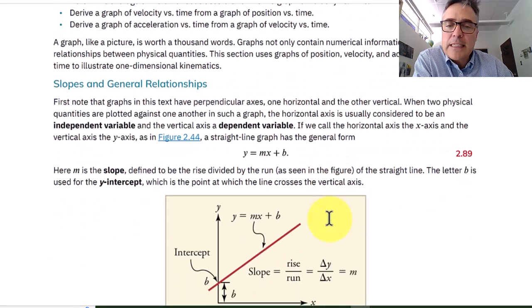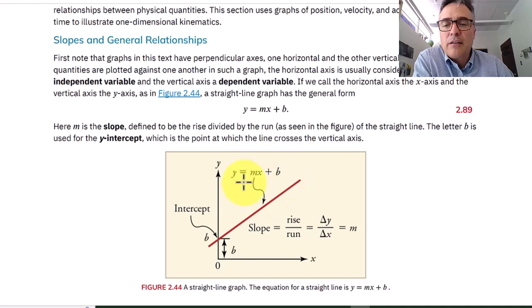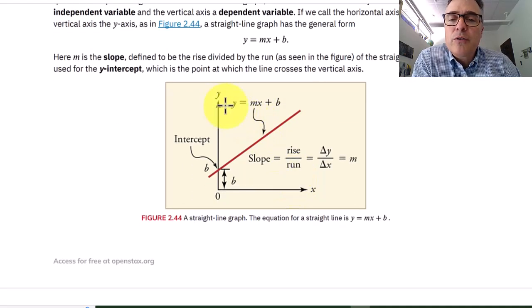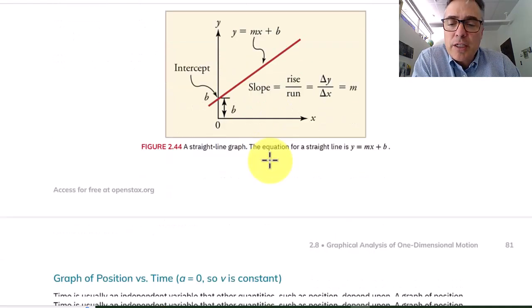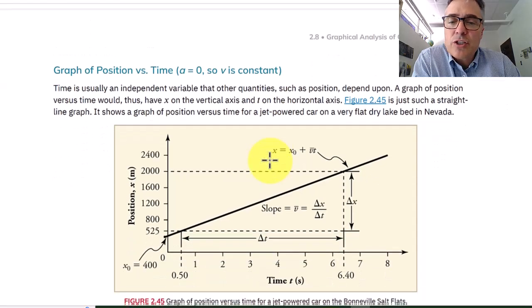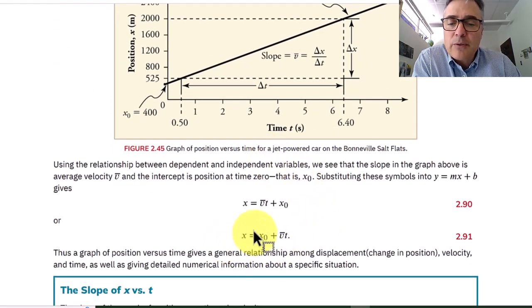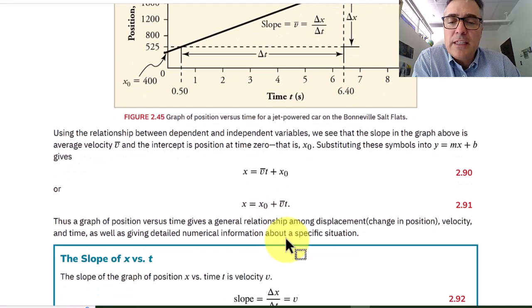The basic idea here: the equation of a straight line is sometimes y equals mx plus b, where m is the slope and b is the y-intercept. We're going to apply that equation to our equations of constant acceleration. The first one we had was x equals x0 plus v t, or v average times t.